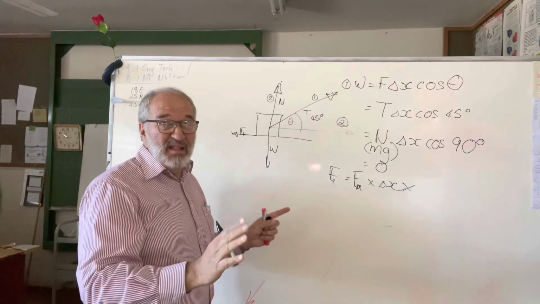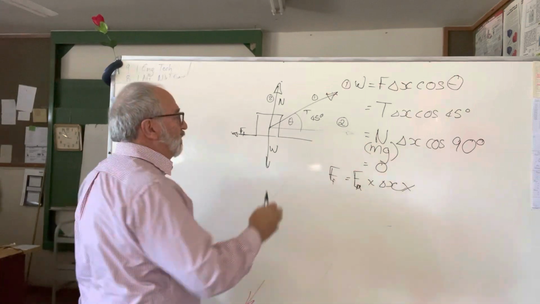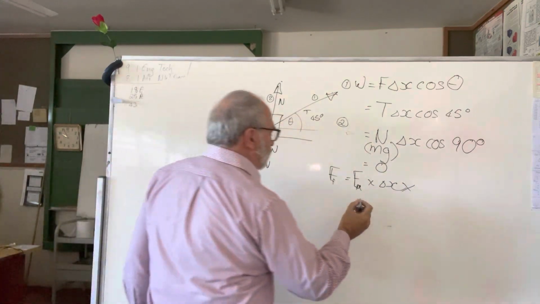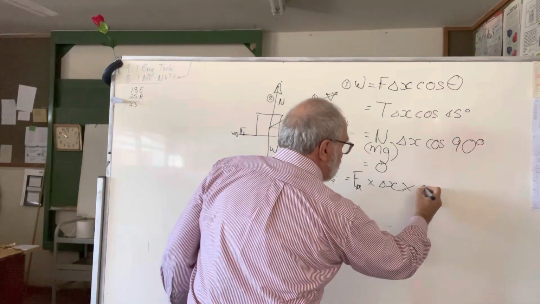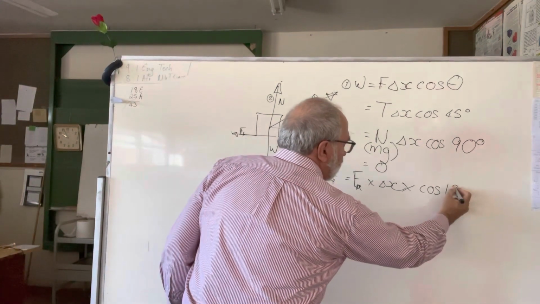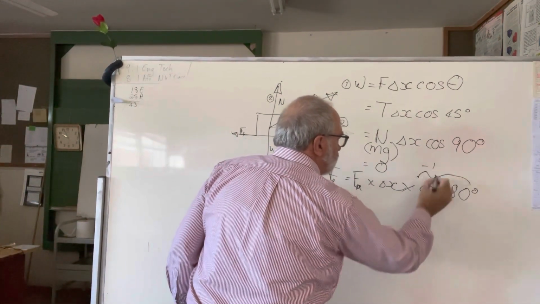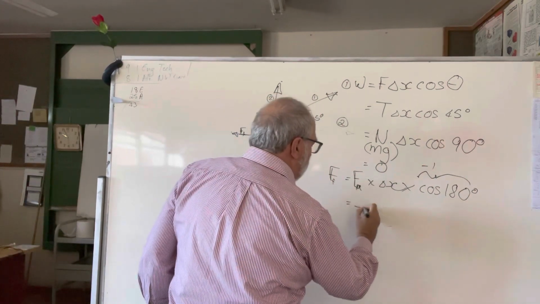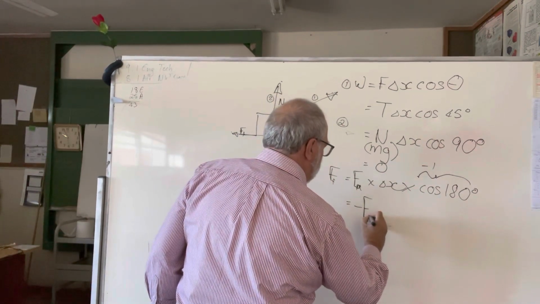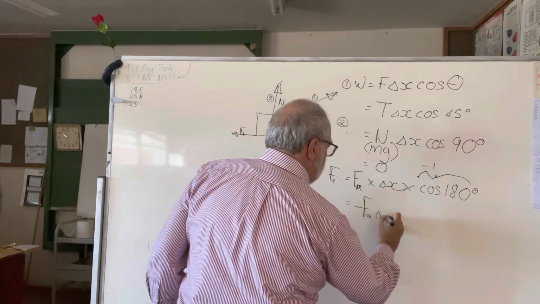I didn't say that, but it's moving that way now. And then the times cos 180, which is minus 1, if you put that in your calculator. So it is minus FA delta X.